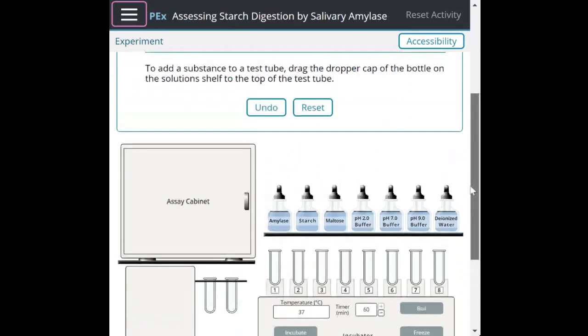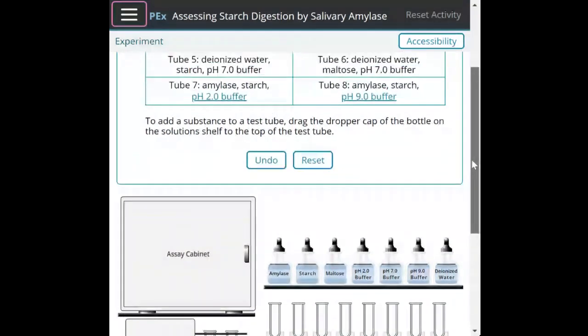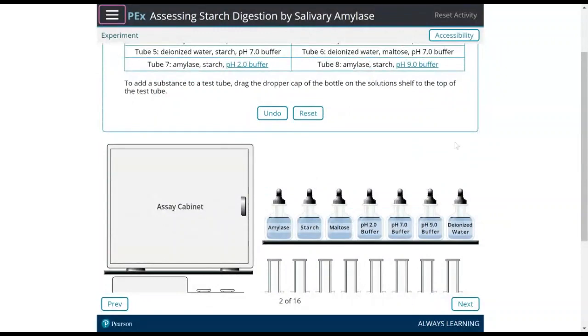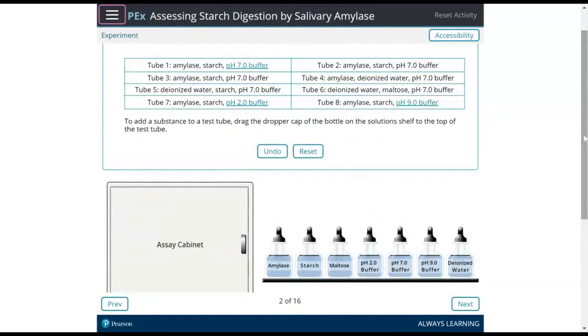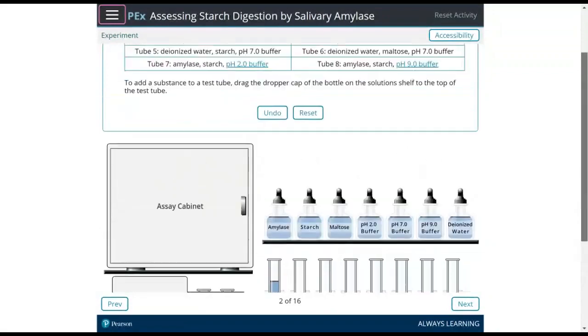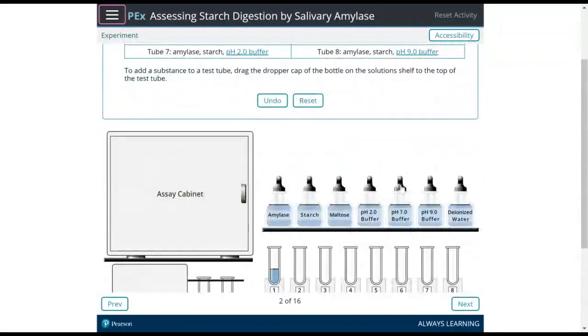All right, then I'm going to add my substances. So let's see. Tube 1 gets amylase and starch and pH 7.